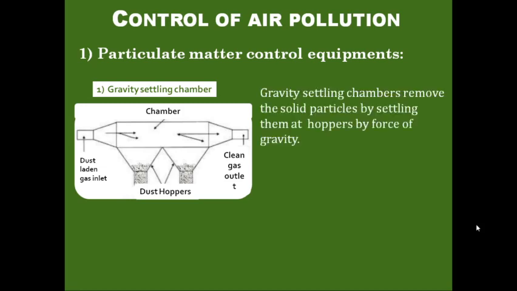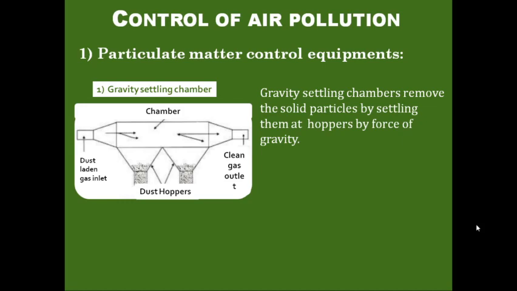When the polluted air enters inside this gravity settling chamber, it removes the solid particles by settling them at the hoppers by force of gravity. What we do in this case is that a known volume of air is entered inside the chamber, and both inlet and outlet points are closed.